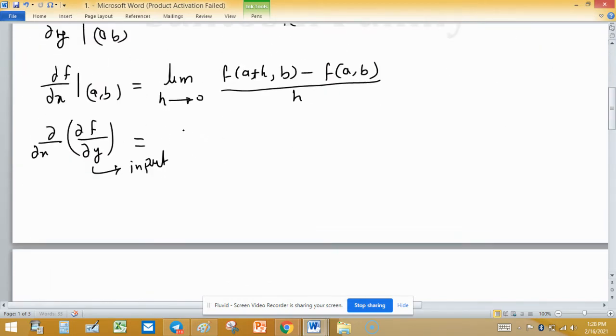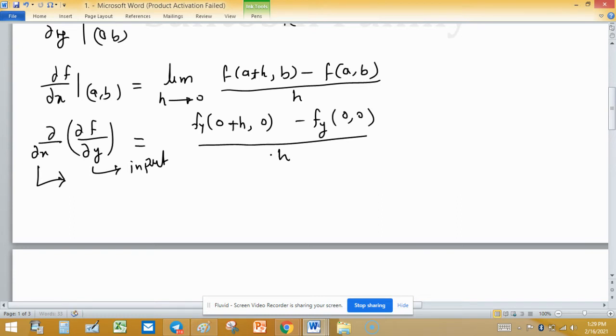So the input is f_y at the point (0, 0), and we are taking the partial derivative with respect to x, so change in x: 0 plus h comma 0 minus the function at that point, where the input function is f_y at (0, 0), divided by h, and h tends to 0.